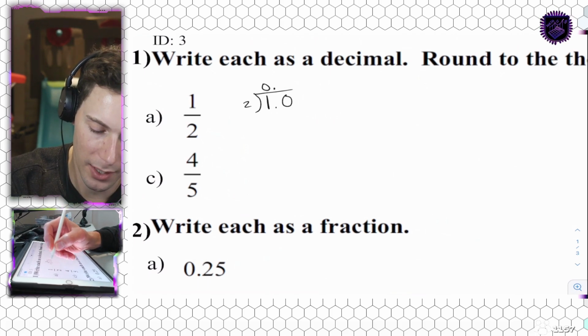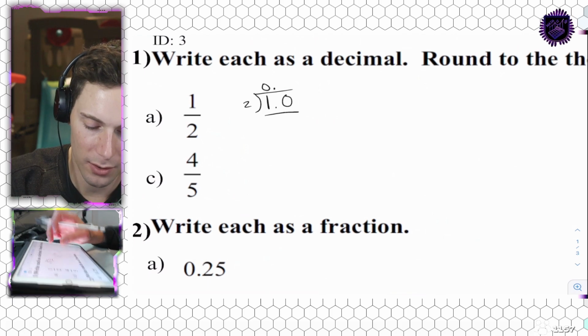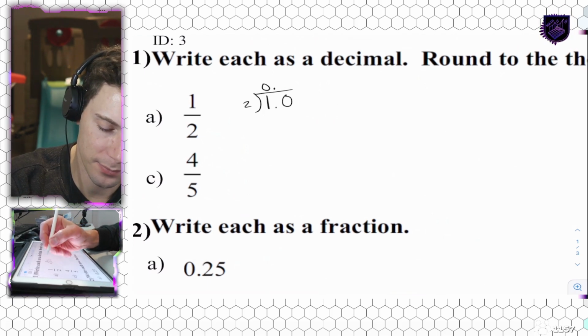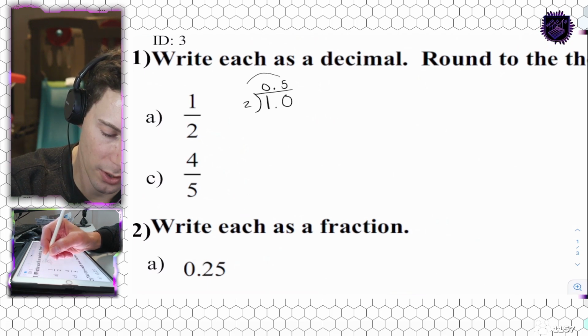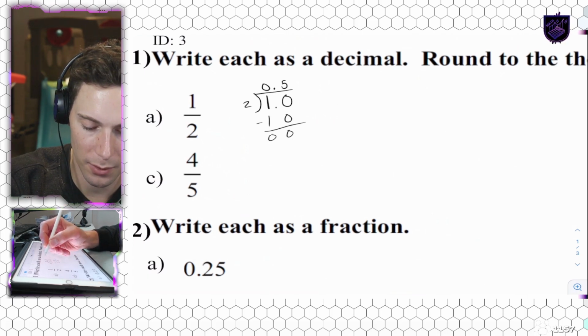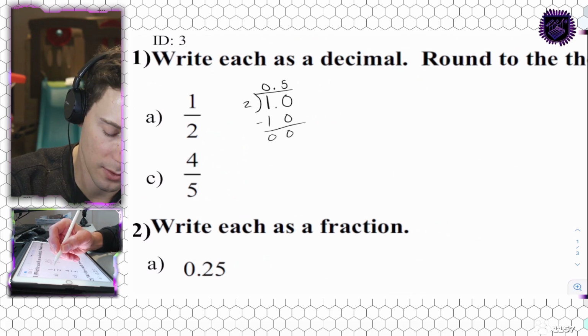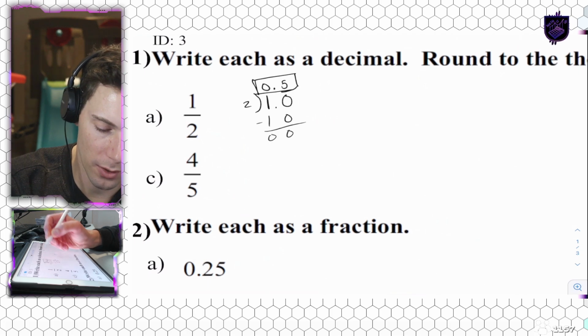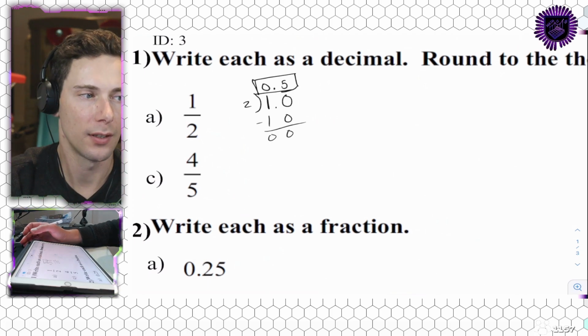It does, in fact, go into 10. 2 goes into 10 5 times. And 2 times 5 is exactly 10. When you subtract, there is a 0 remainder. So our answer is right here. There it is, 0.5.